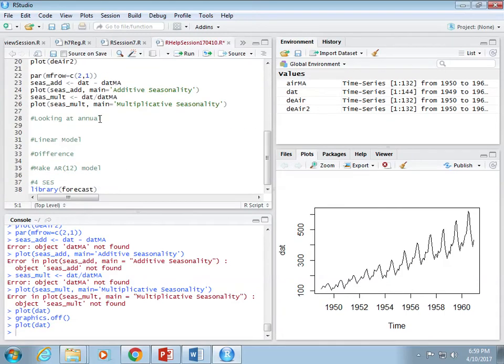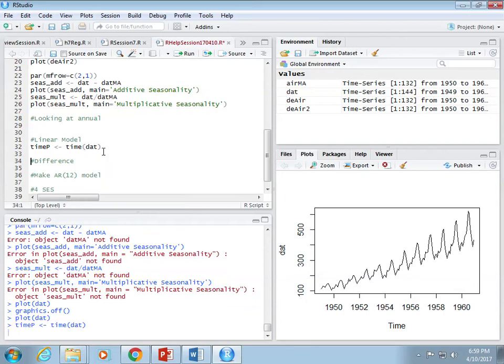And how can we do that? Well, we're going to pull out the time from it. I'm just going to call it time p, for time passengers, and it's equal to the time function of the dates.